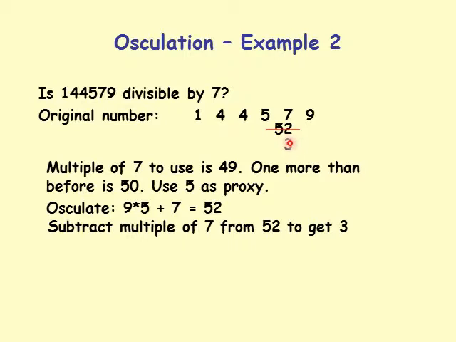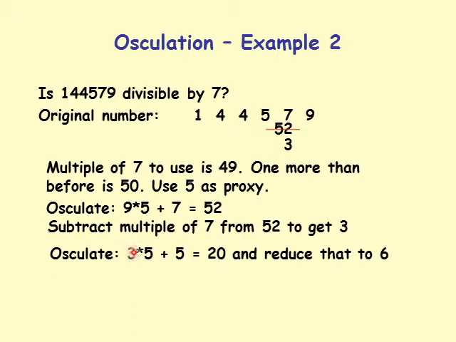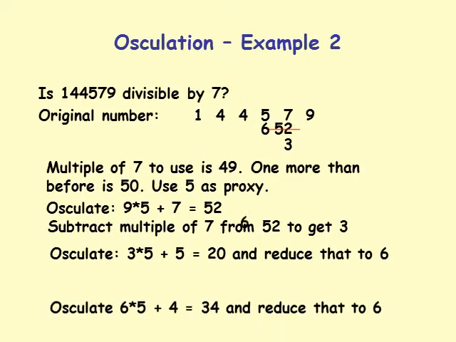Let's osculate again with 3 on the right and 5 on the left. 3 times the proxy 5 plus the digit on the left is 20. We reduce that to 6. 20 minus 14 is 6, and 14 is 7 times 2. So we get 6.